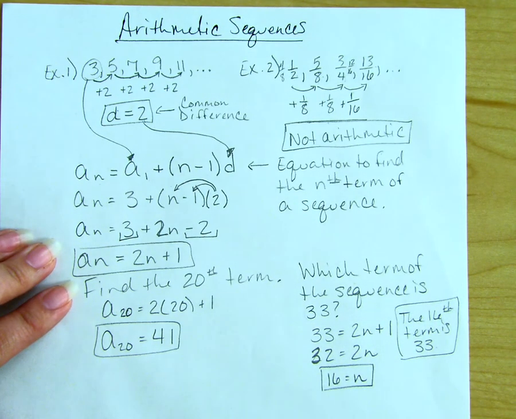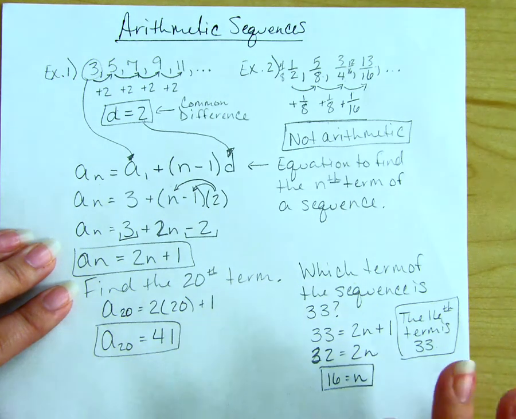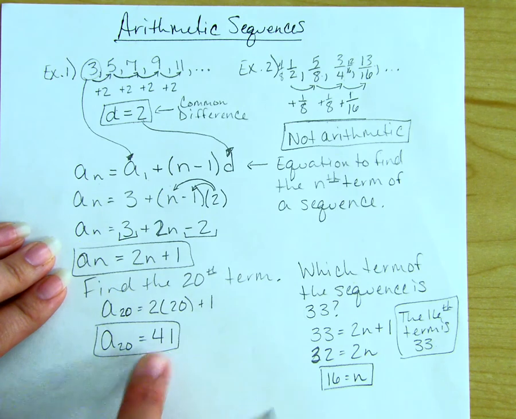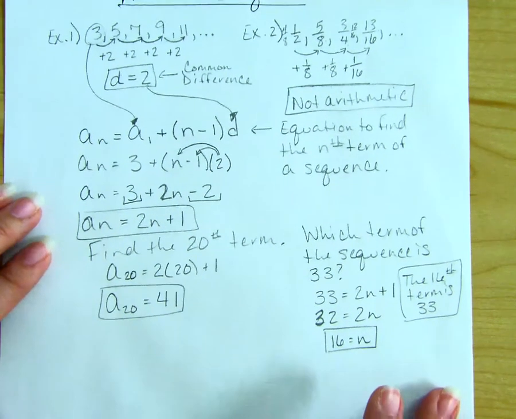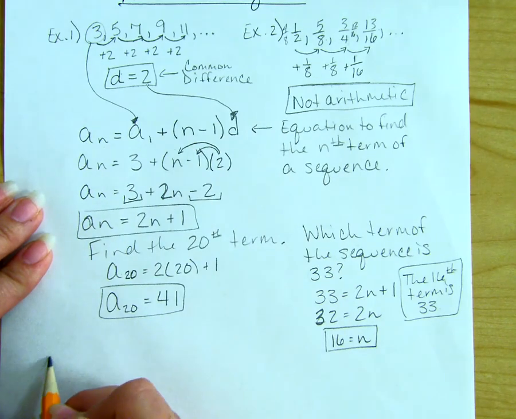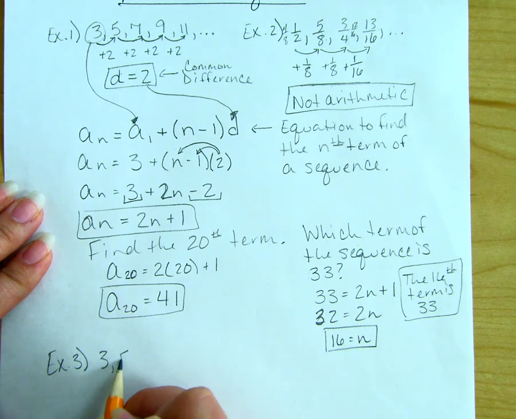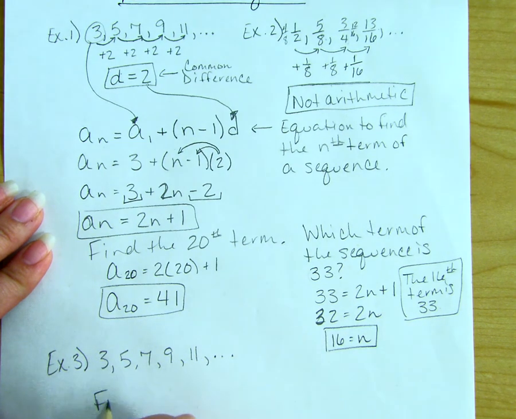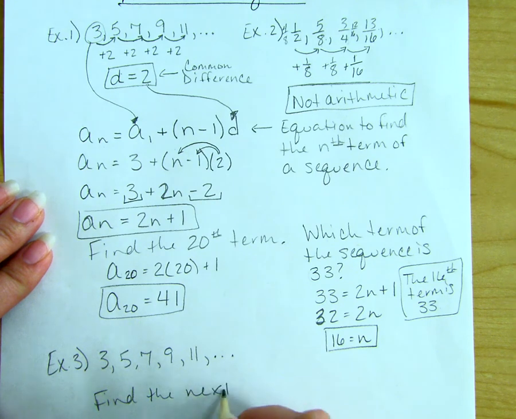Okay? Now, sometimes you don't need to use the formula to find the next term. Sometimes you can just do it. Like if I gave you, and I'm using the same example, example 1, that sequence, 3, 5, 7, 9, and 11, and I said, find the next 3 terms.